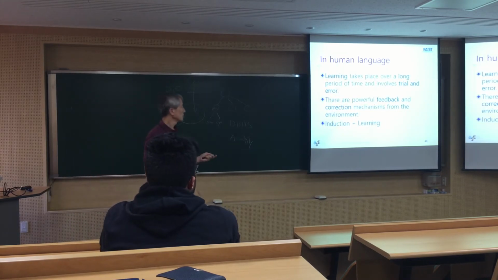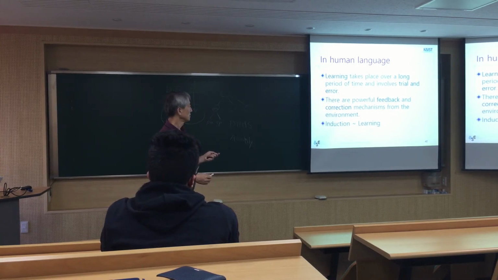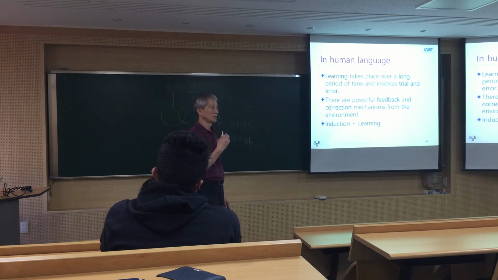Human language learning takes place over a long period of time and involves trial and error. As you may see with a very young boy or girl, how they learn language, right? Or you may be learning the Korean language now, right?